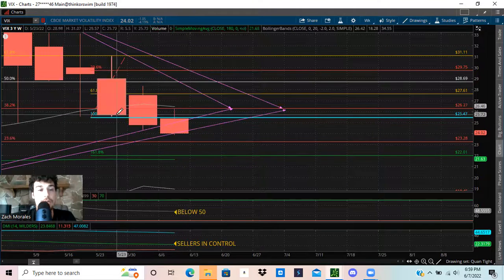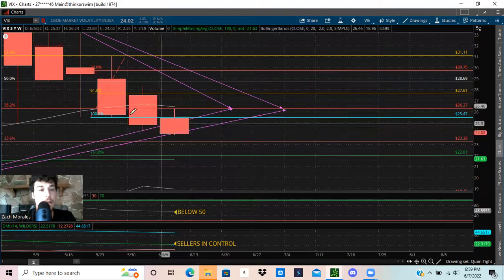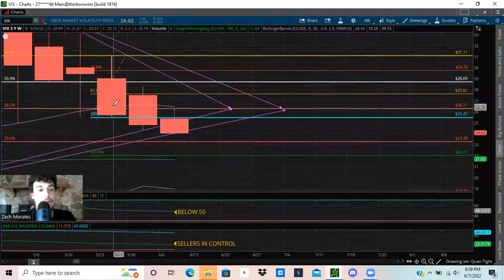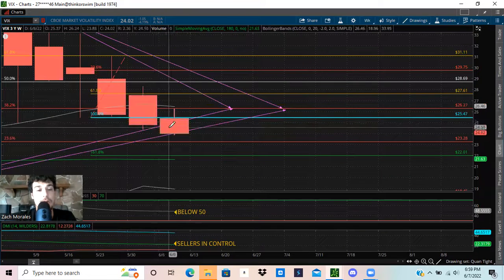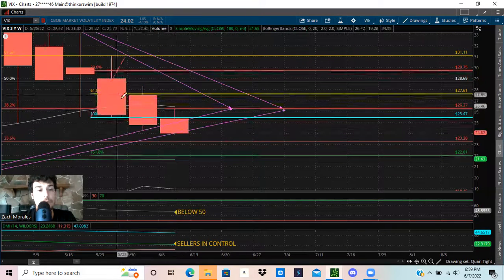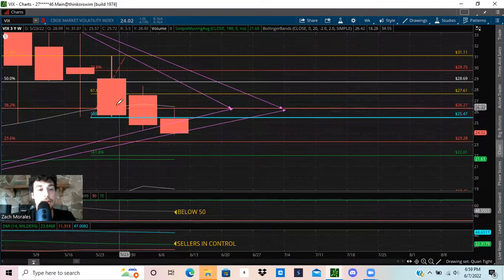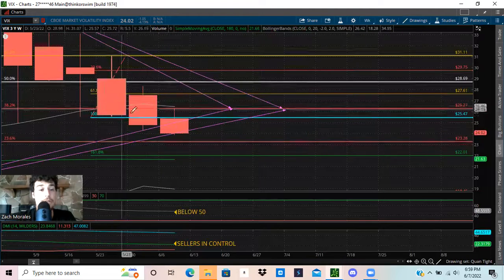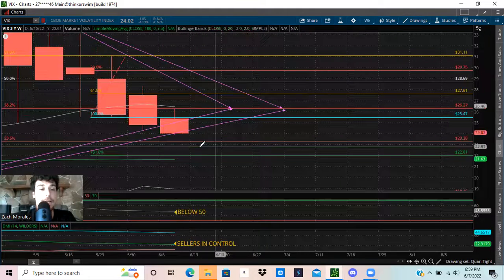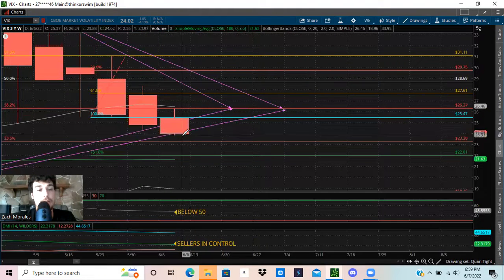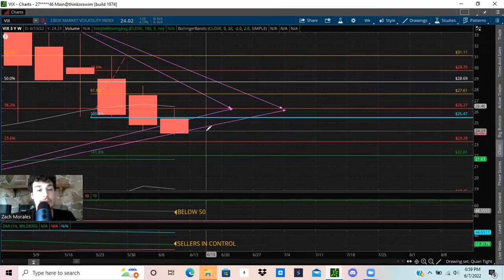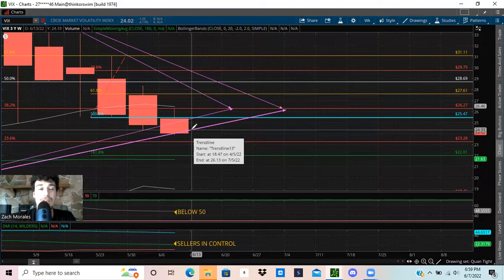Now, we're staircasing down, and we're in the middle of forming three black crows on the weekly chart on the VIX. This is what's known as a bearish candlestick pattern, to indicate further bearishness. So really important for us, in my opinion, to be able to break this trend line here sometime in the near-term future.